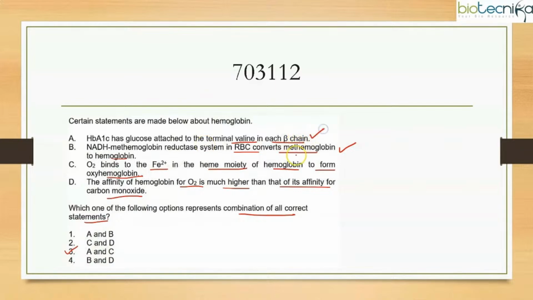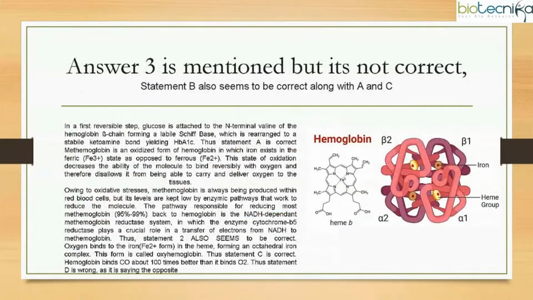A is correct, B is also correct, as well as C. Because B and A are both there in option 1, I think that is why they have not chosen it; they have chosen 3, that is A and C, which has both the correct statements. But B is also correct. I'll quickly go through the statements. Statement B seems to be correct along with A and C, but accordingly, answer 3 is mentioned.